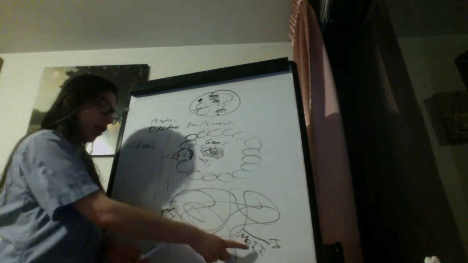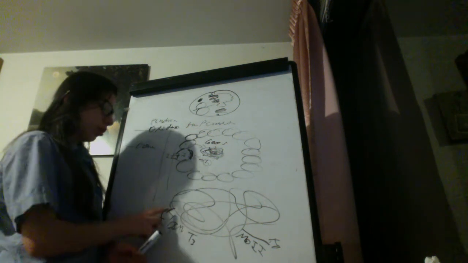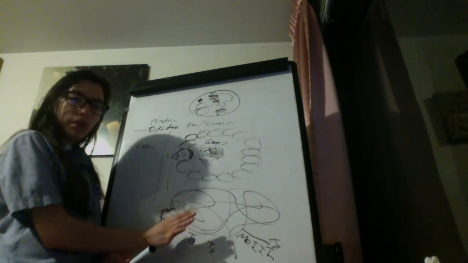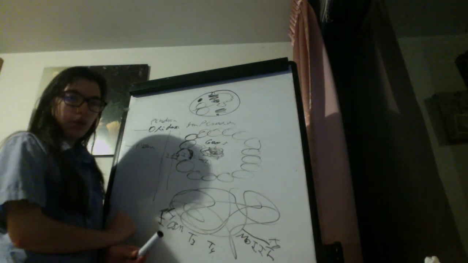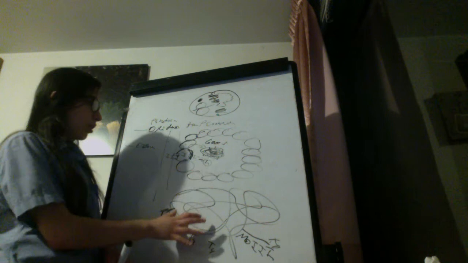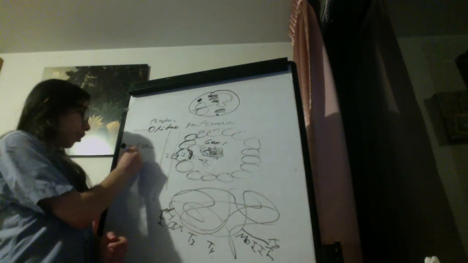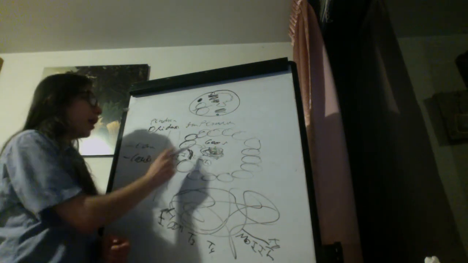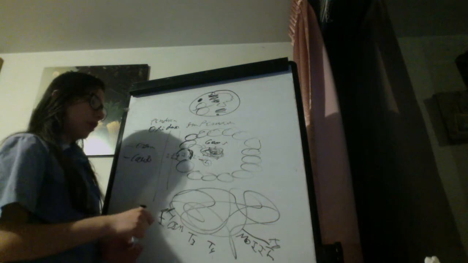Together, if we have two iodines and one iodine, we will form T3. And if we have two and two, we will form T4. But T3 and T4 remain bound to thyroglobulin, so it's not yet free T4 nor T3. This was coupling. It's still catalyzed by the thyroid peroxidase enzyme.